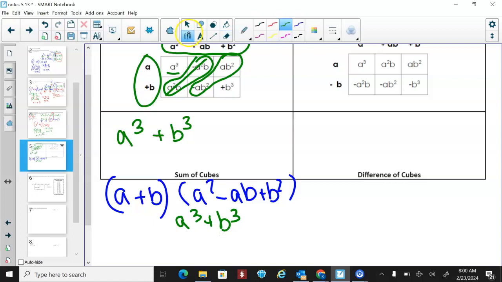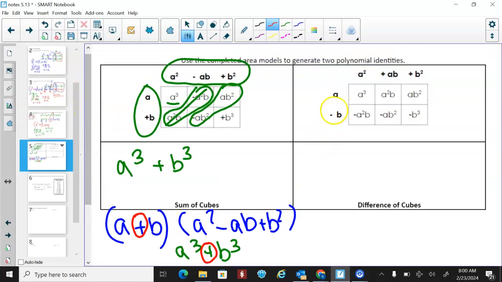So very important to remember for the property, whenever you have an addition here, you are going to have an addition here. So that's the property. When you're multiplying one binomial with a quadratic, you are going to have a cubed plus b cubed as a result.